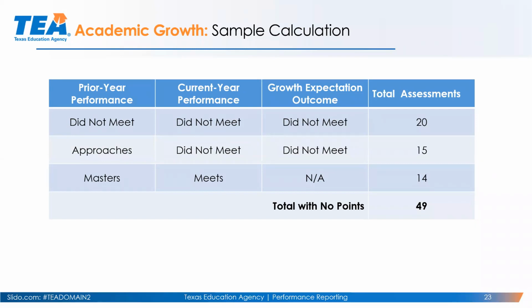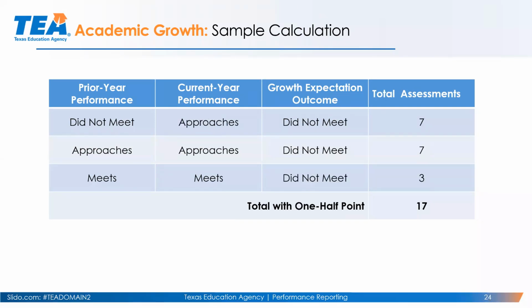Our first step is to calculate the total number with no points. In this example, we had 20 assessments that did not meet last year and did not meet this year. We also had 15 assessments that went from approaches last year to did not meet this year, and 14 assessments that went from masters performance last year to meets this year. So we add all those assessments to get a total of 49 assessments with no points awarded.